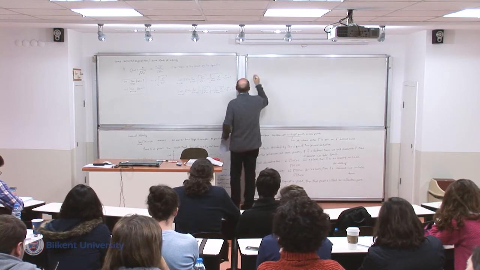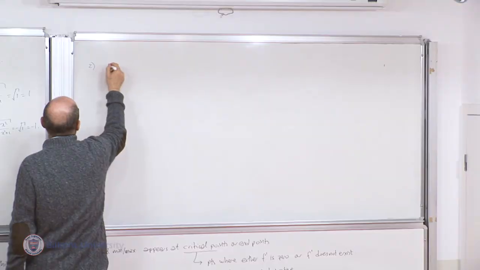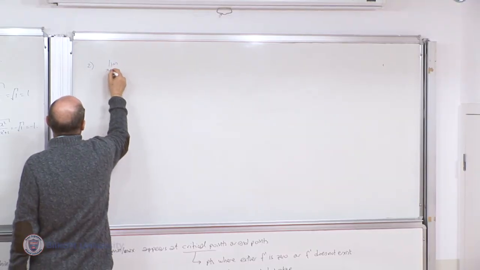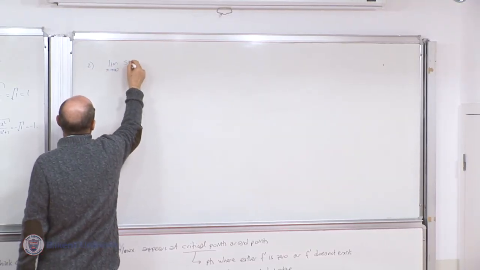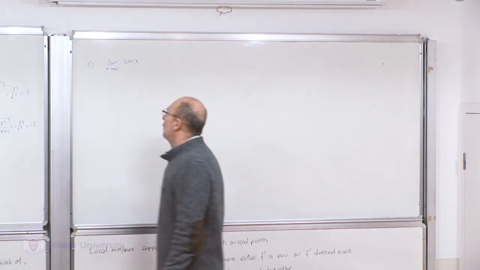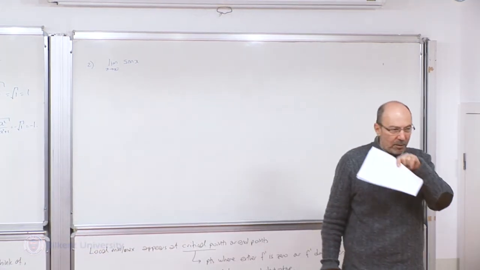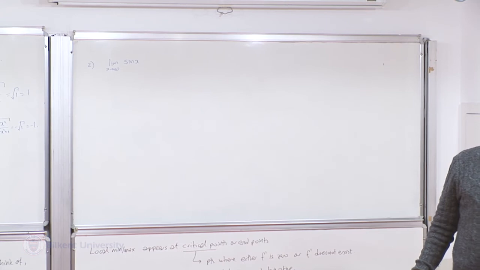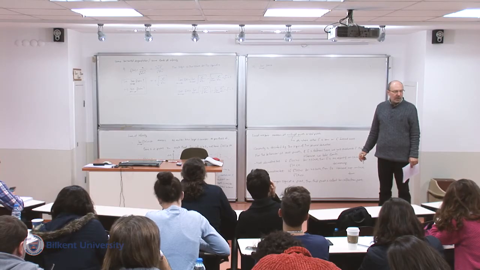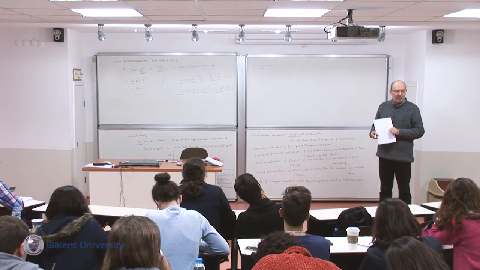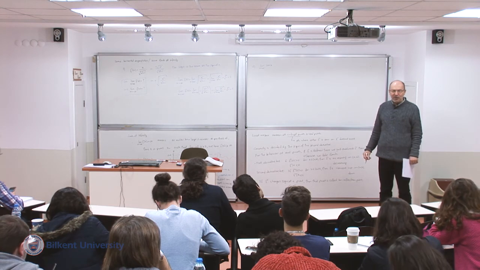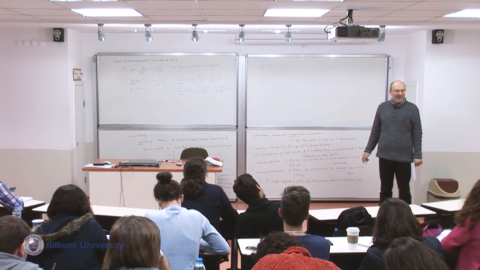Let's look at this one, for example: the limit as x goes to infinity of sine x. What do you expect for this one? If somebody claims that the limit is 5, will you believe that? No?